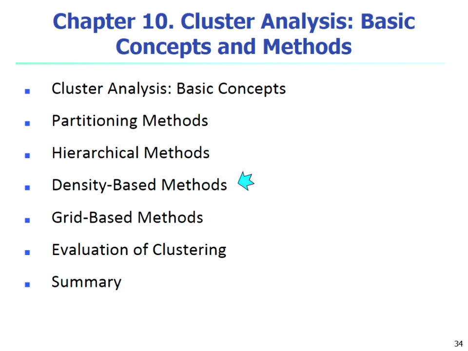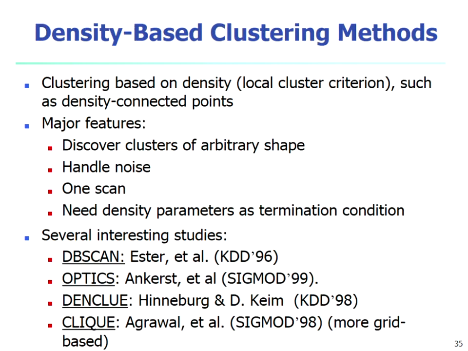Let's move now to density-based methods. Density-based clustering methods cluster based on density, such as density-connected points. The major features of density-based clustering methods are: discover clusters of arbitrary shape, handle noise, one scan, and meet density parameters as a termination condition.